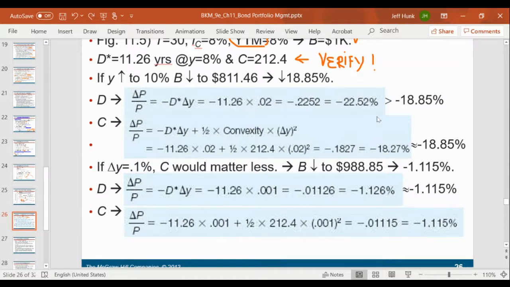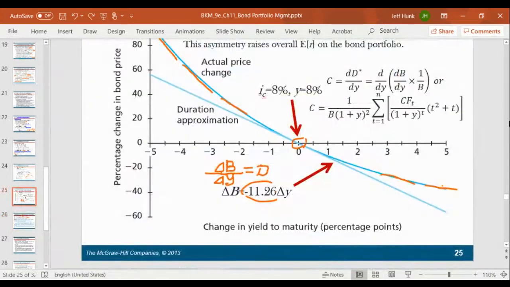But convexity is quite useful when the interest change is more pronounced, more obvious. For a bigger change in interest rate, definitely convexity will give you a better prediction of the price change.